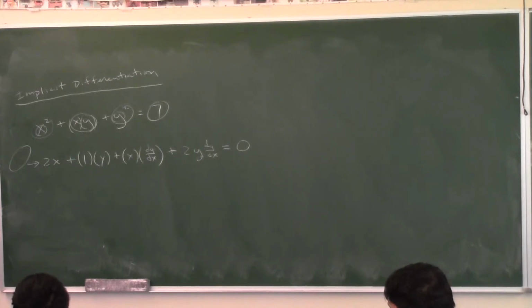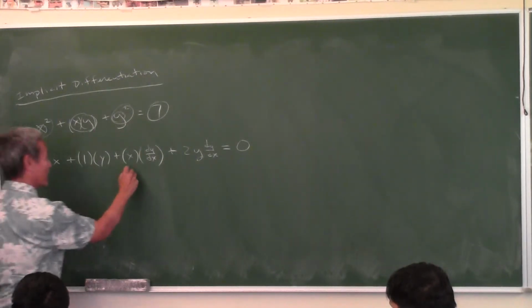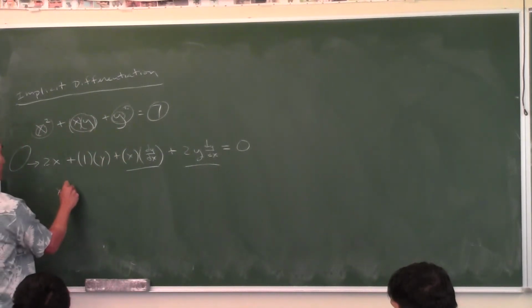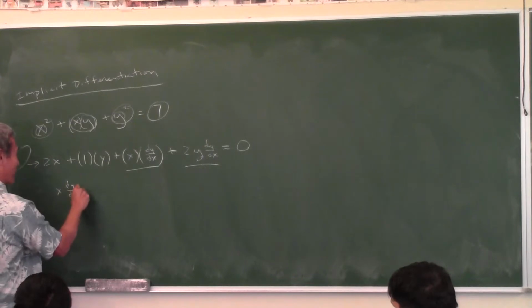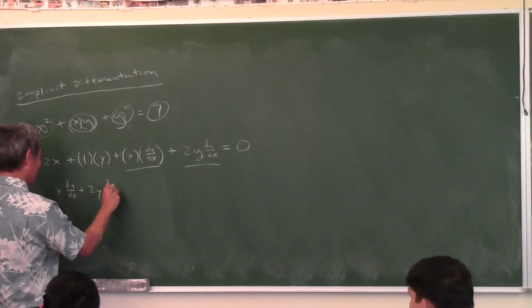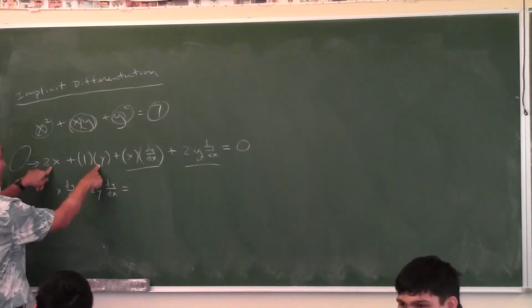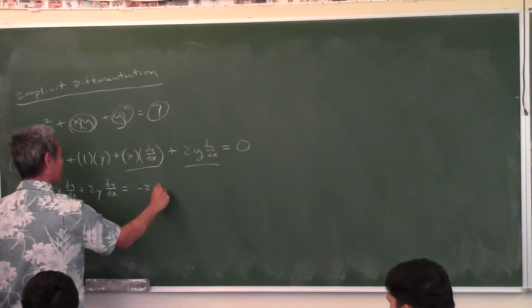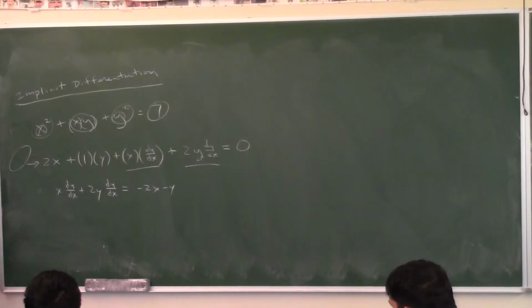So how do I compute dy/dx? Now you do algebra 1. There's 2 terms with dy/dx in it. Throw it on one side. Then you move these other 2 terms to the other side. You get negative 2x minus y. See how I did algebra 1? I'm trying to solve for dy/dx.